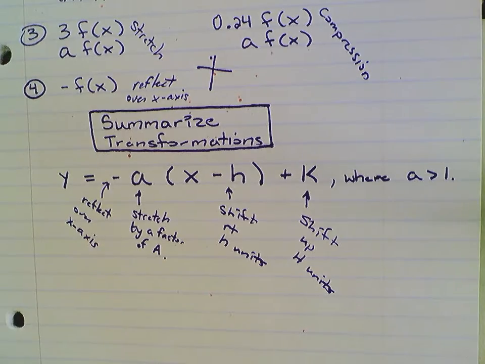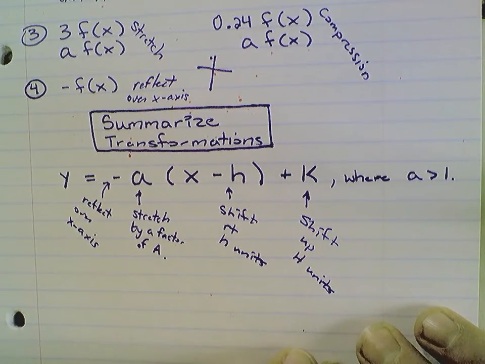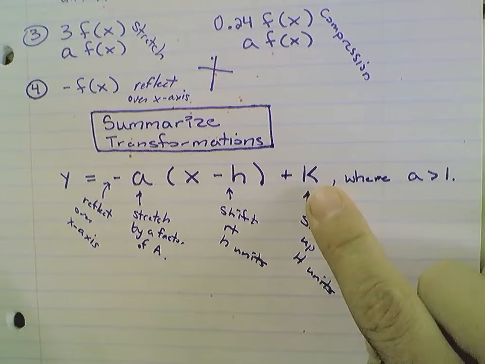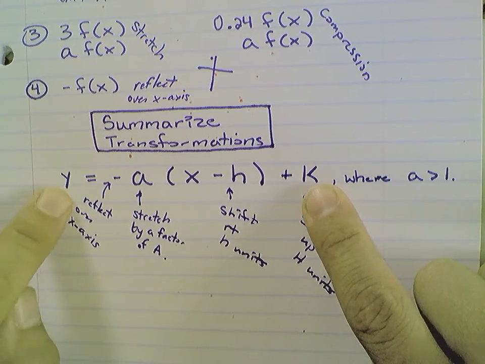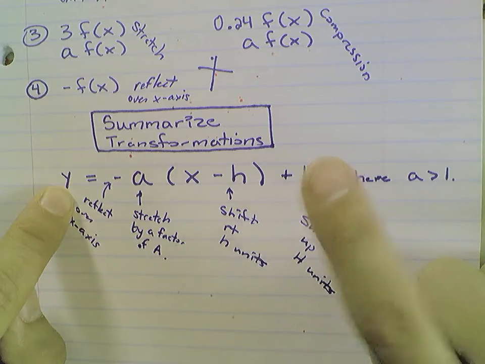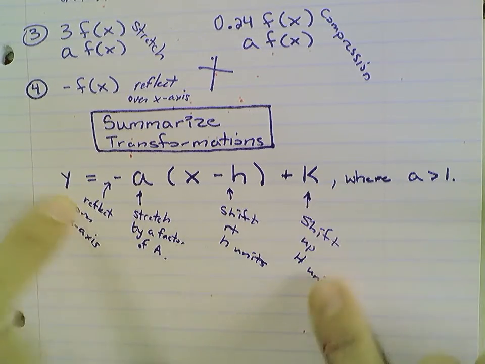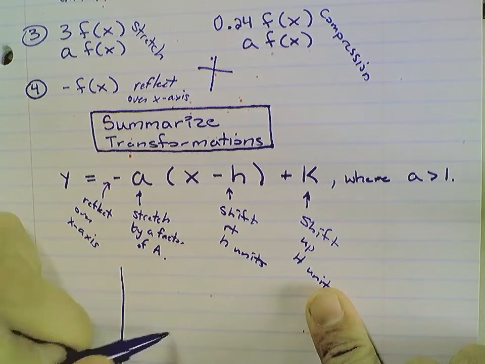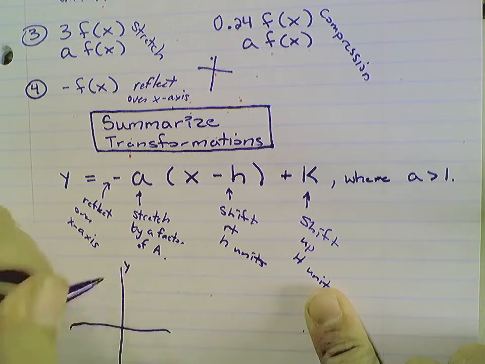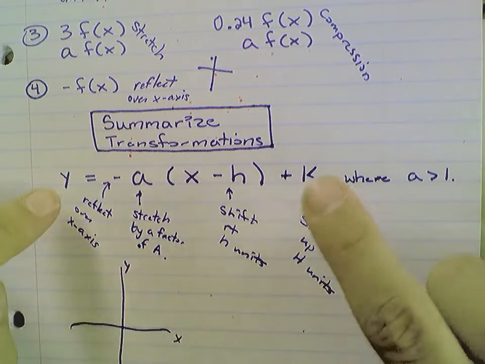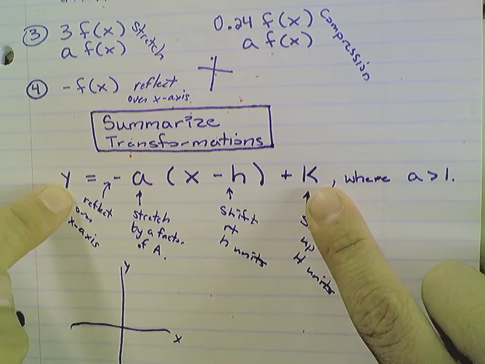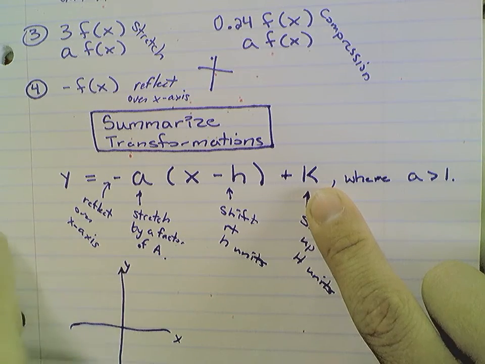Now, lastly, some things to note if you are struggling with transformations a little bit. The way I like to think about it is with the k on the outside, notice that the y is on the outside. So the k is affecting your y values. If you think about a coordinate plane, y's are here, x's are here. If k is affecting your y's, well, my y is my vertical axis.